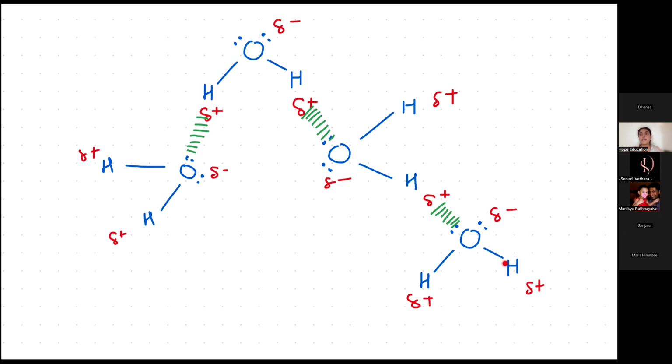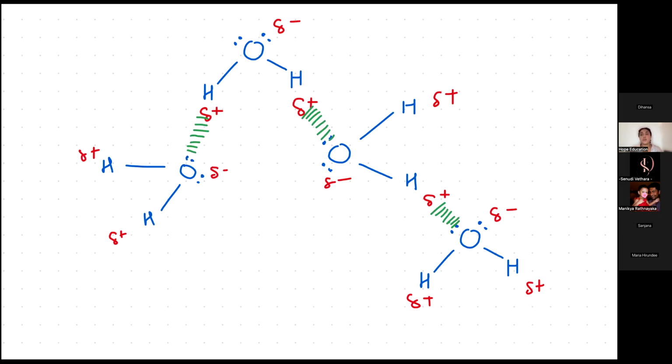These are not covalent bonds. These are just attractions between partial negative atoms and partial positive atoms in the molecules. Because of polarity, there are attractions. These attractions are what we call intermolecular bonds or intermolecular forces.